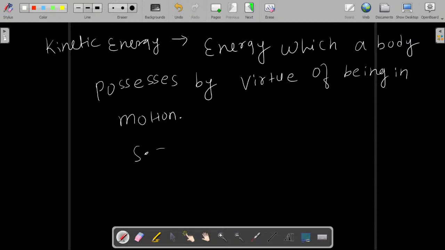Its SI unit is what? What is the SI unit of kinetic energy? It's joule. You can write in this way. And the CGS unit is erg.